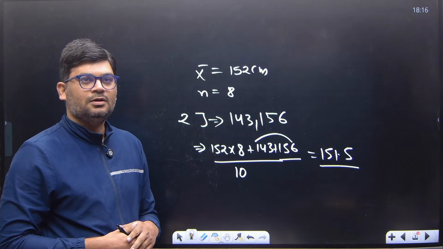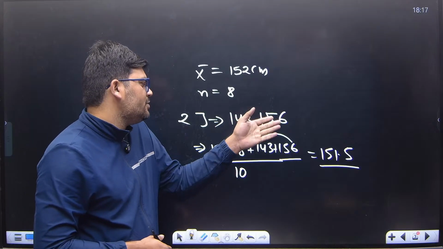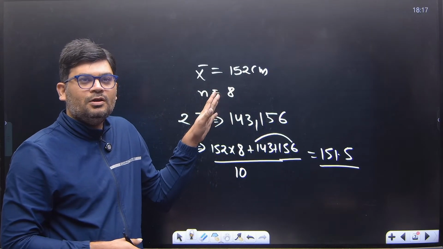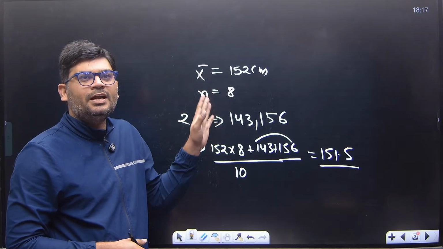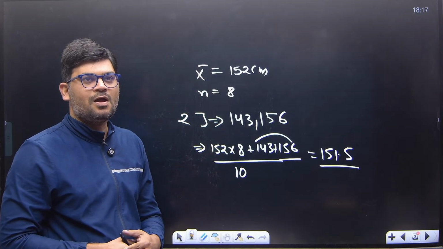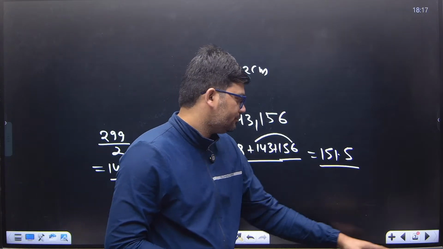It is like sum of all observations. Not every observation is given, but it is given that 152 times 8 is the sum of all observations.